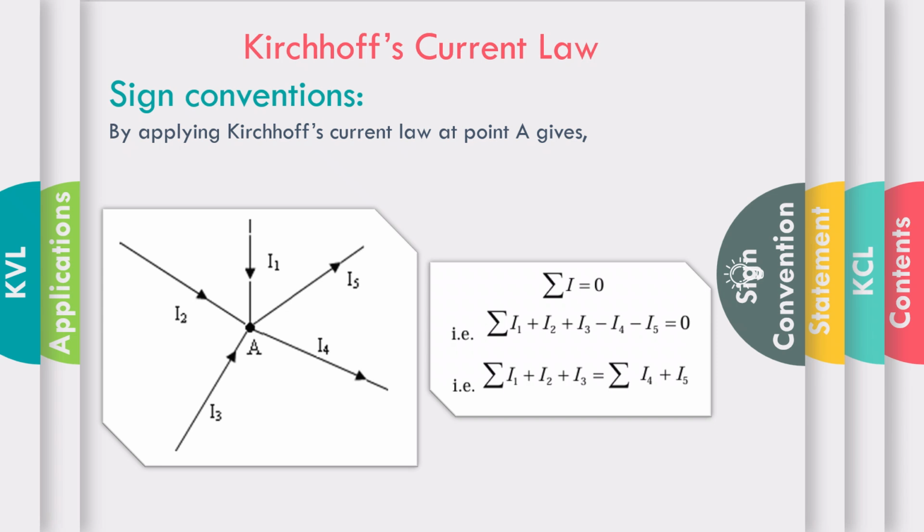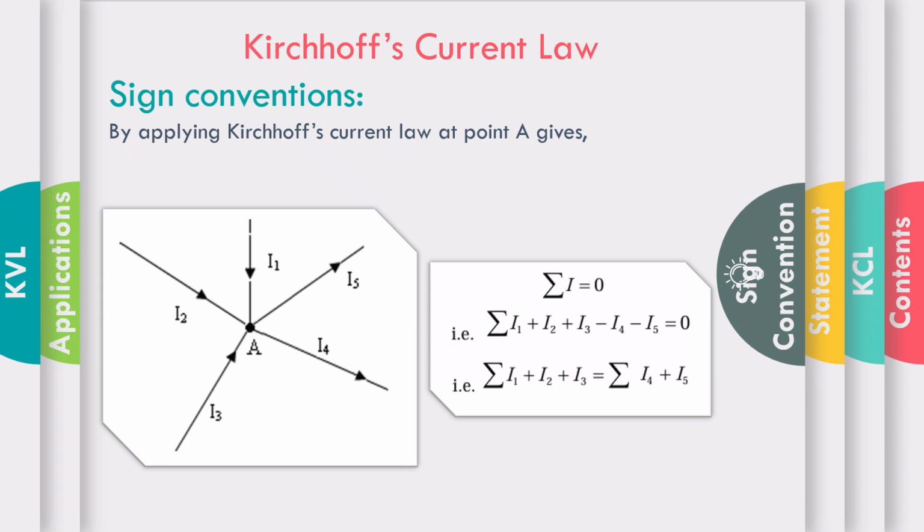Rearranging the equation, we get I1 plus I2 plus I3 is equal to I4 plus I5. That is the last statement seen in the earlier slide. The summation of all incoming currents, I1 plus I2 plus I3, is equal to the summation of all outgoing currents, I4 plus I5. This is Kirchhoff's current law.